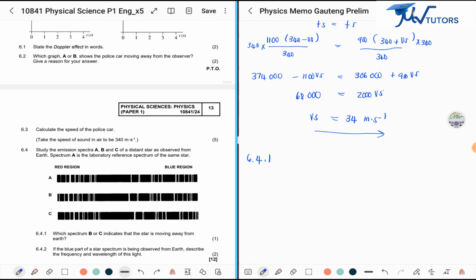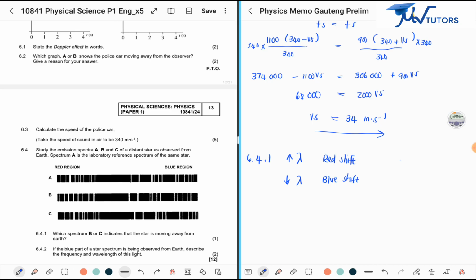So how do you know? If it's moving away, it means your wavelength is increasing, right? And if the wavelength is increasing, we're looking at the red shift. If it was moving towards us, then your wavelength would have been reduced, and therefore we'd be looking at the blue shift. Remember they've shown you where the red region is and where the blue region is.